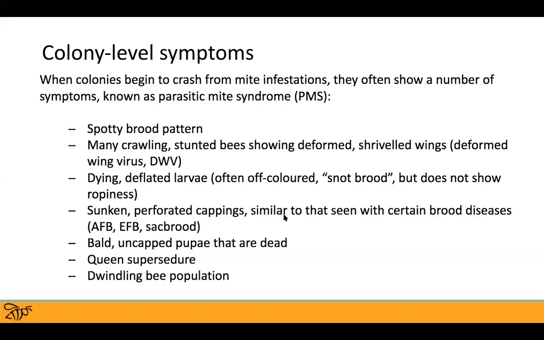You can swirl it around, and then when you slowly pull the stick out of the cell, the larval remains will rope out, kind of like mozzarella cheese. Snot brood, because there's no bacteria there, won't actually do this. So that's a way that you can tell snot brood apart from a different brood disease.